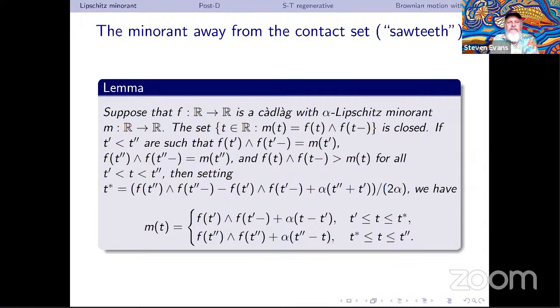It says that if we've got a càdlàg function with alpha-Lipschitz minorant m, the first thing it notes is that the contact set, the set where, loosely speaking, the graph of the minorant touches the graph of the function, that set's closed.